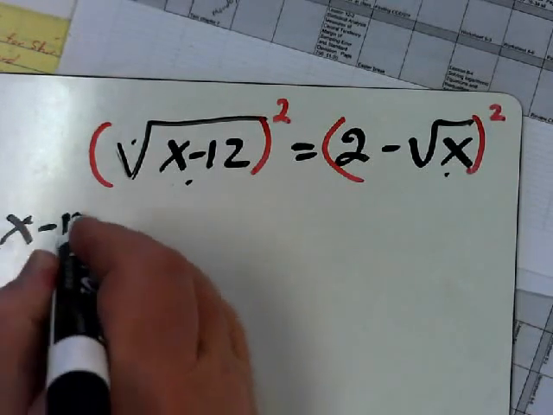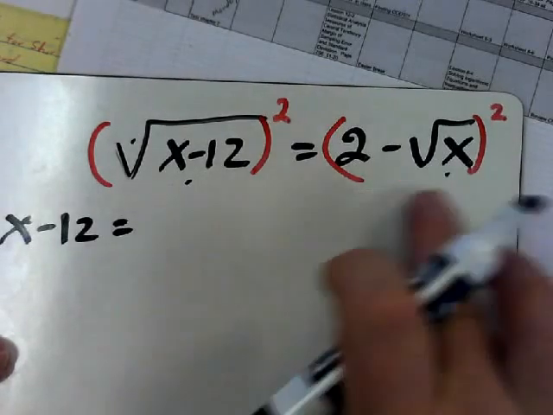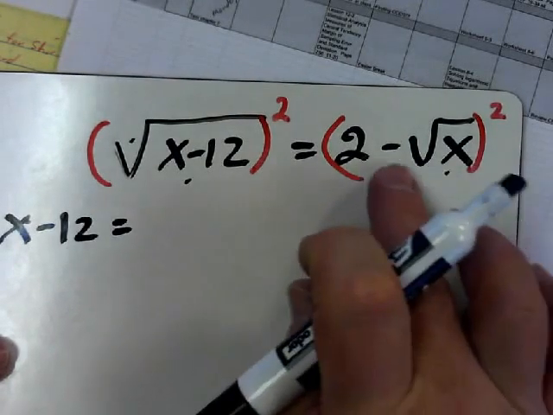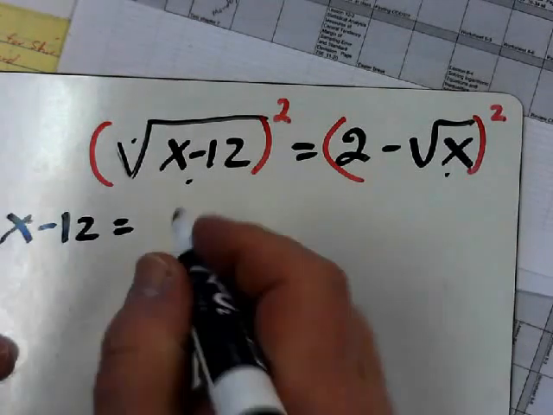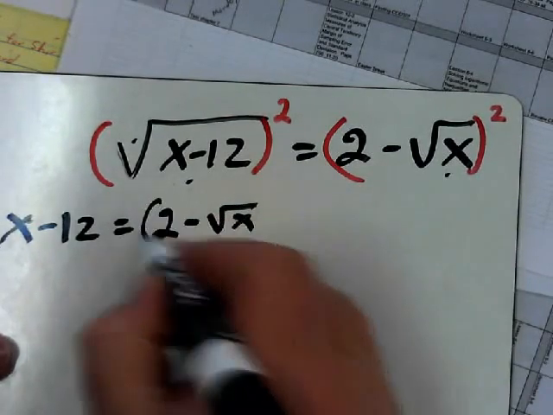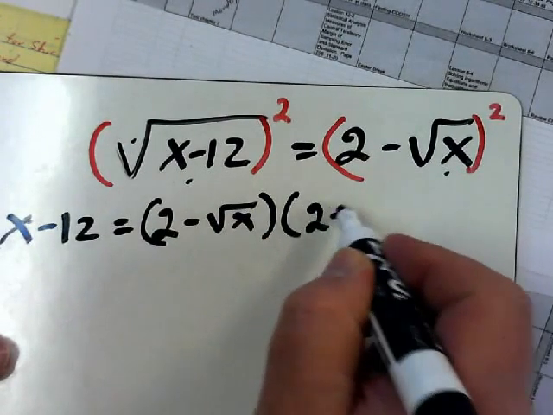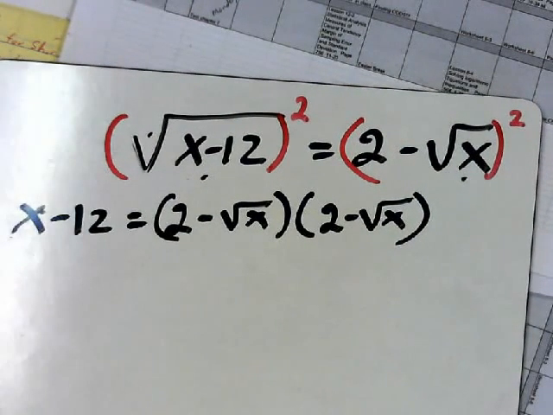X minus 12 equals. What does this actually mean if I have a binomial that's squared? 2 minus the square root of x, squared. It actually means that I have to do this. Right?